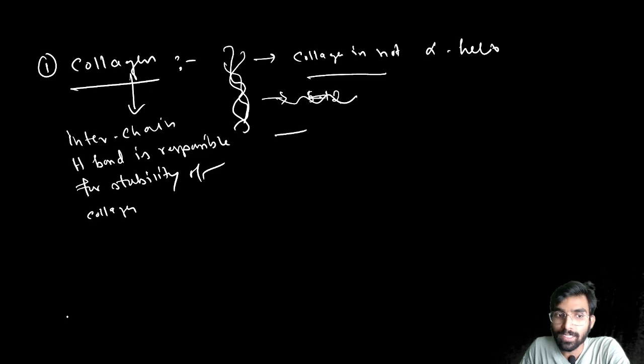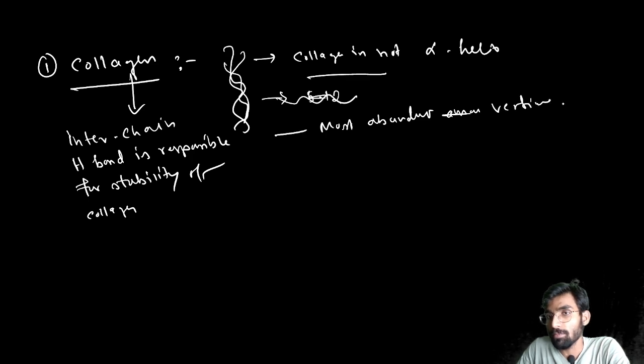Another thing is that collagen is the most abundant among vertebrate proteins.